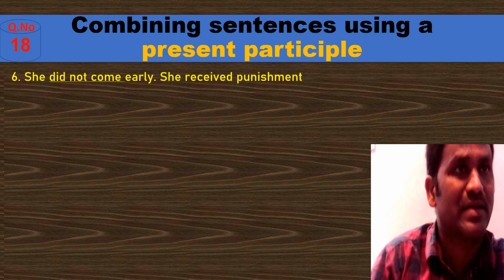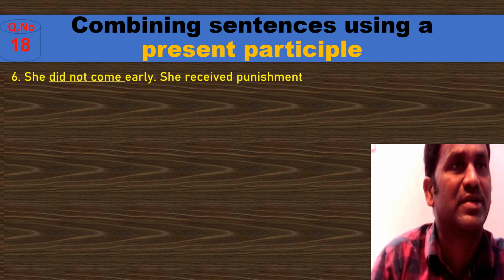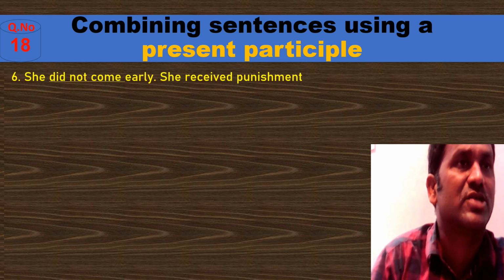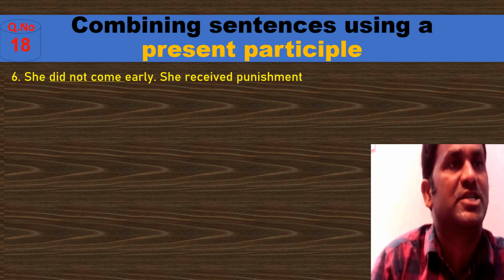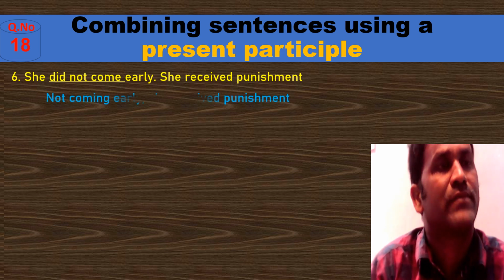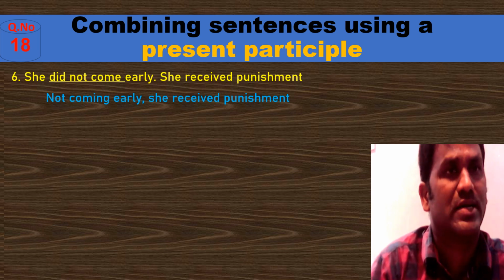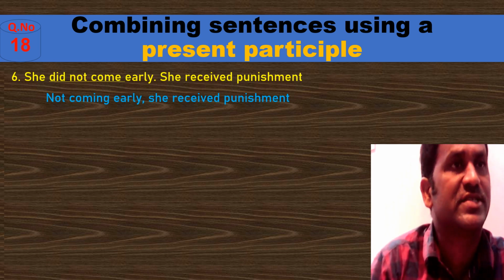Coming early, she received punishment, but meaning gets changed, మారిపోతుంది కాబట్టి not యూజ్ చేయాలి. సో not ముందు పెడితే సరిపోతుంది. Not coming early, she received punishment. Let us see. Yes, not coming early. The same rule is applied, but not negative word has come. That's why we should put that word not at the beginning of the sentence, right?